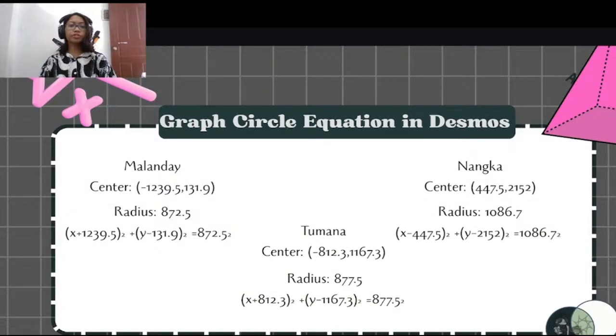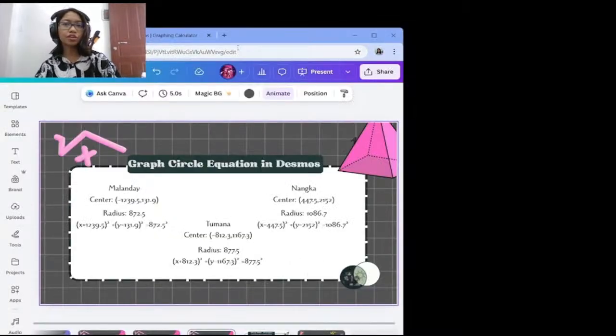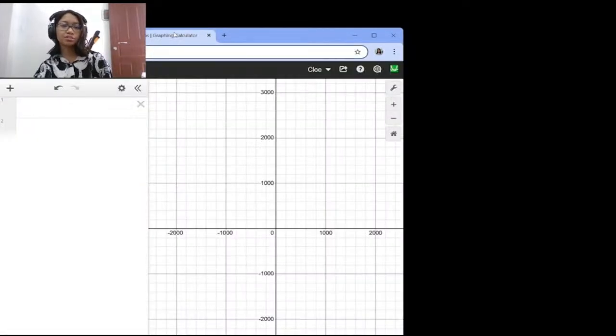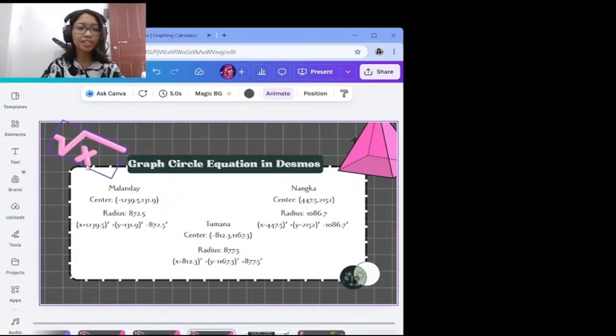Now, we are going to graph the circle equation in Desmos. First, we are going to graph Barangay Malanday. First, open Desmos. Next, copy Malanday's center coordinate, then label it Malanday.